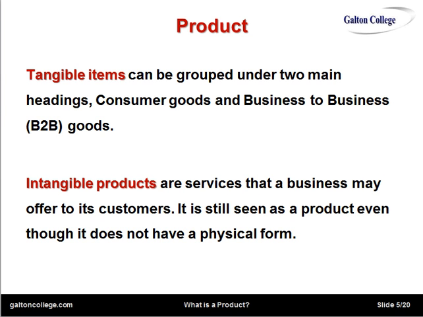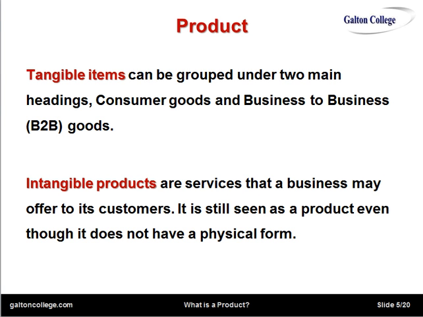For example, a firm of solicitors, lawyers if you wish, will offer their services to an accountancy firm perhaps. That's an intangible product. It's a service, and it's business to business, B2B. There are many of these headings.